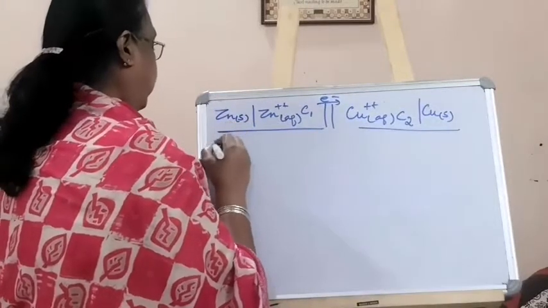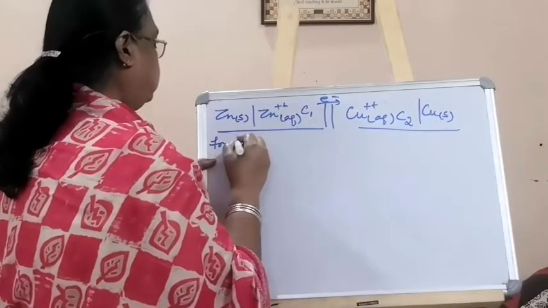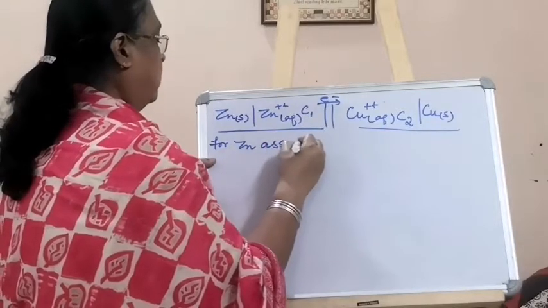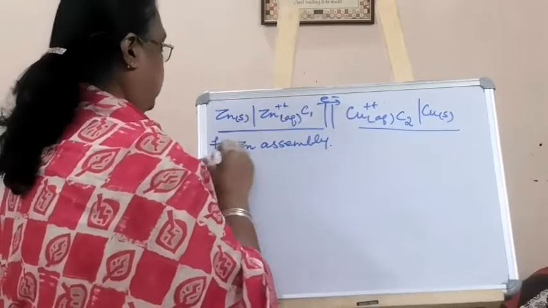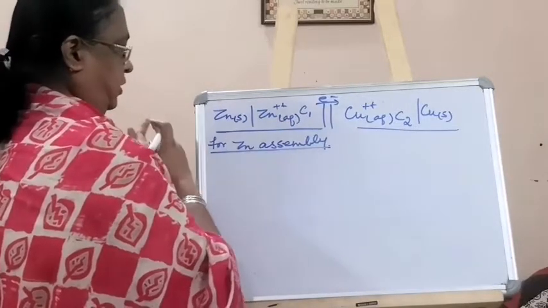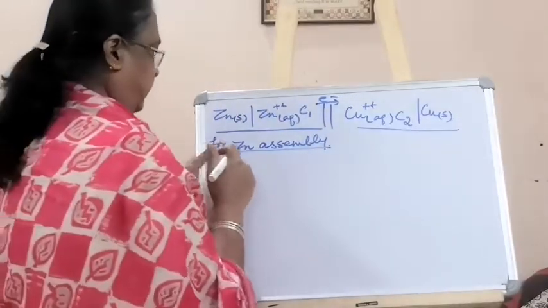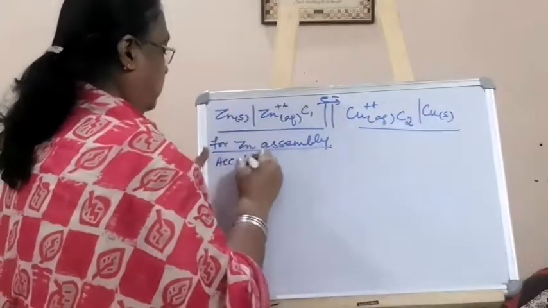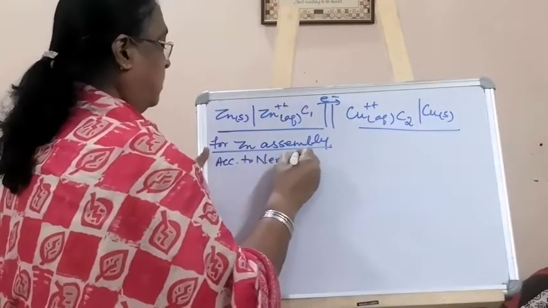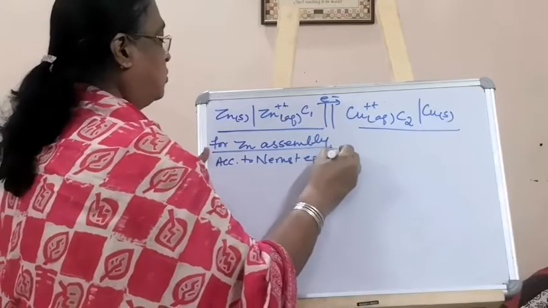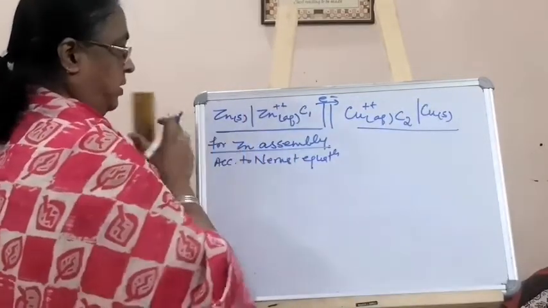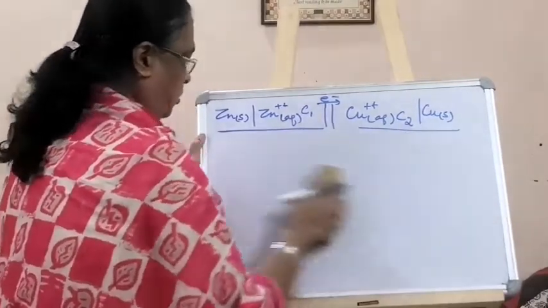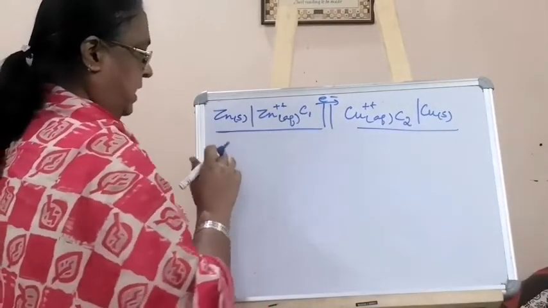So I'll write now for the zinc half cell, or the left hand half cell, what we have according to the Nernst equation.